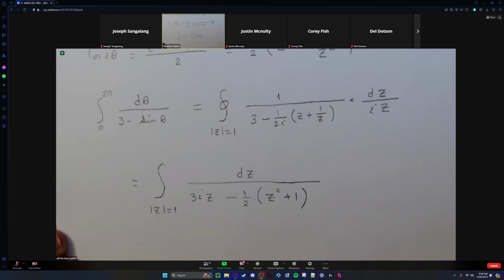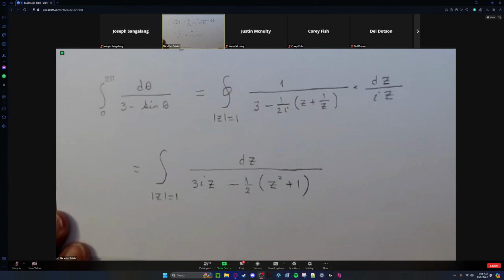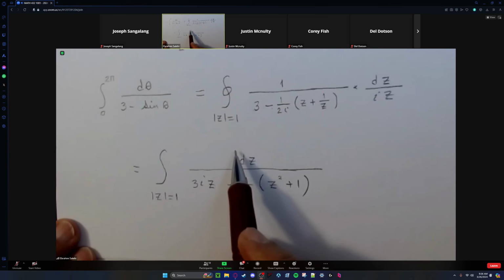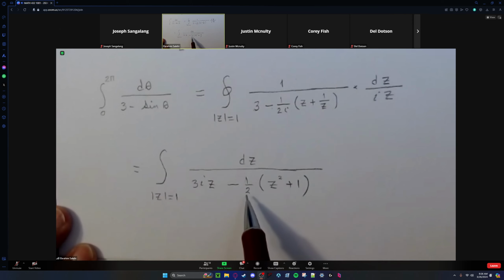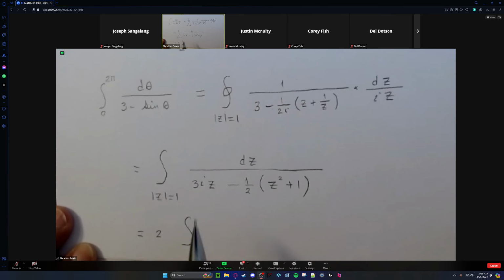Oh, we can further simplify. I will multiply numerator and denominator by 2 to get rid of this 1/2. So it will be twice the integral over the unit circle of dz.